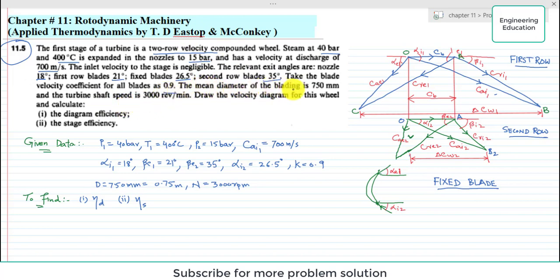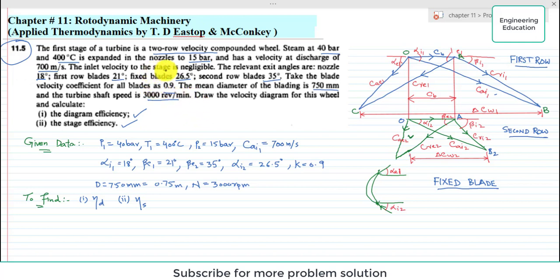The mean diameter of the blading is 750 millimeter and the turbine shaft speed is 3000 revolution per minute. Draw the velocity diagram for this wheel and calculate the diagram efficiency and also the stage efficiency.